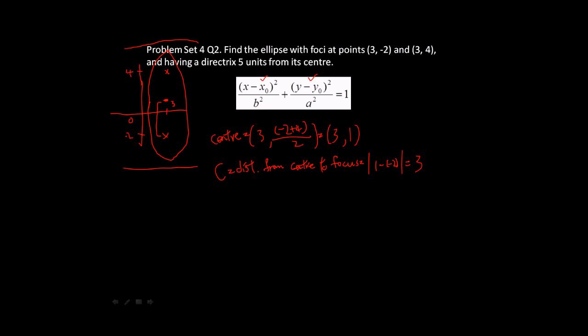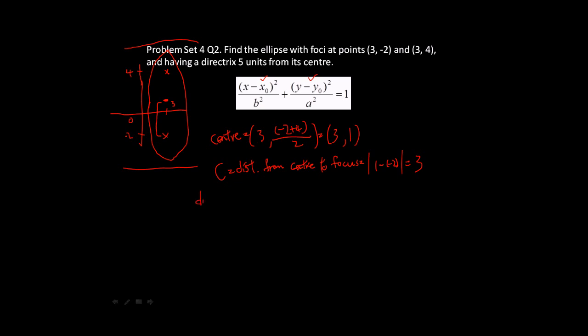Now from here, let's take a look at what else the question gives us. So it tells us that it has a directrix 5 units from its center. Now, if you refer back to the first slide, you will notice that there's a relationship between the C distance and the so-called eccentricity.